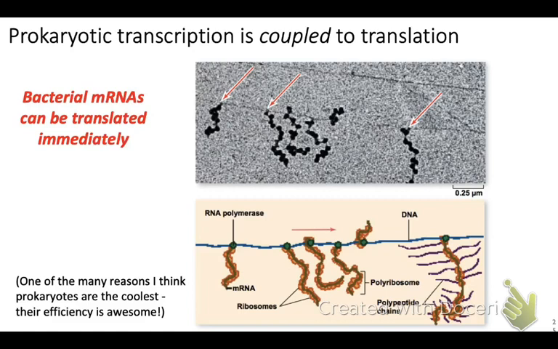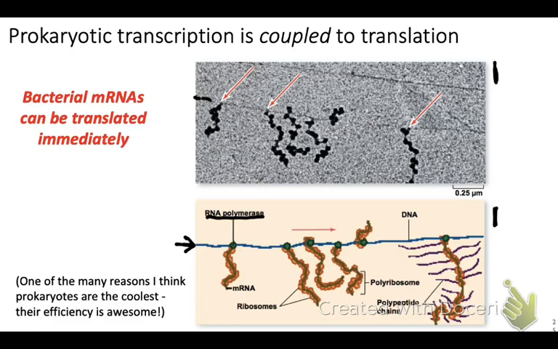Here, what you can see in the cartoon at the bottom and then the microscopy image at the top, these little strings here are DNA, and it's blue in this figure down here. And then from this DNA, we've got RNA polymerase that is transcribing an mRNA, which is the green squiggle.